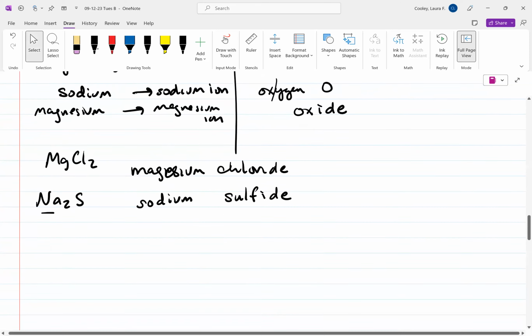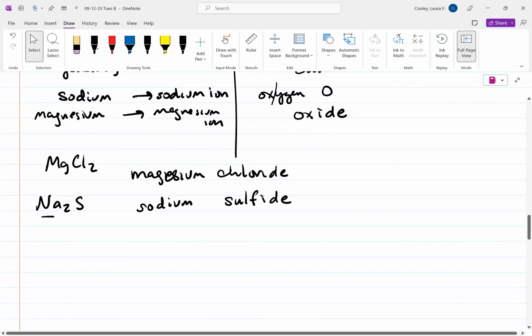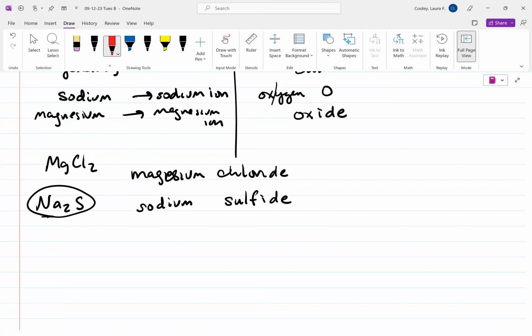Okay, notice it doesn't tell you in the name anything about the number of each. It doesn't say anywhere in the name that there's 2 sodiums. So why are there no numbers in the names? The answer is because there's no choice of what the numbers might be.